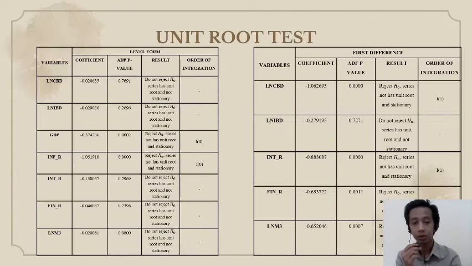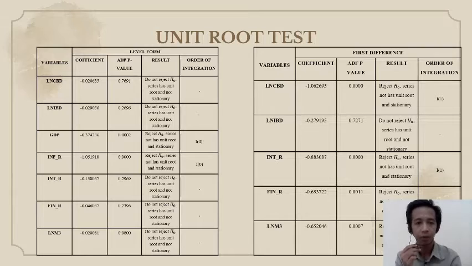Next, we will proceed to the unit root test. The unit root test is a statistical test to determine the stationarity of each variable by using the augmented Dickey-Fuller (ADF) test. The ADF test is used to identify the order of integration for each variable. As you can see, at the level form, only GDP and inflation rate are stationary.